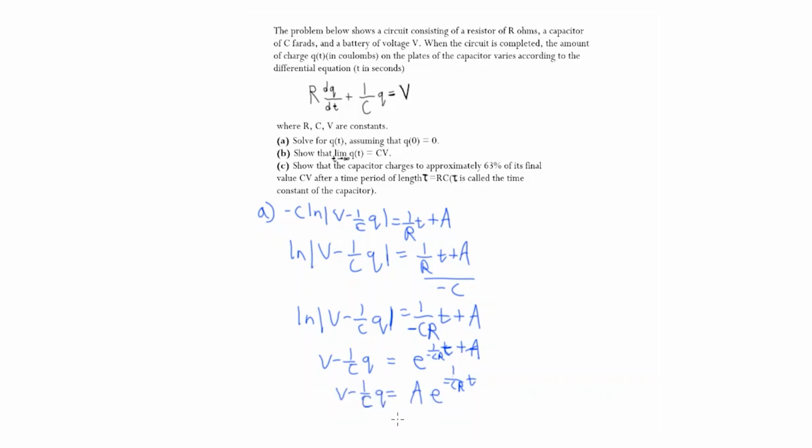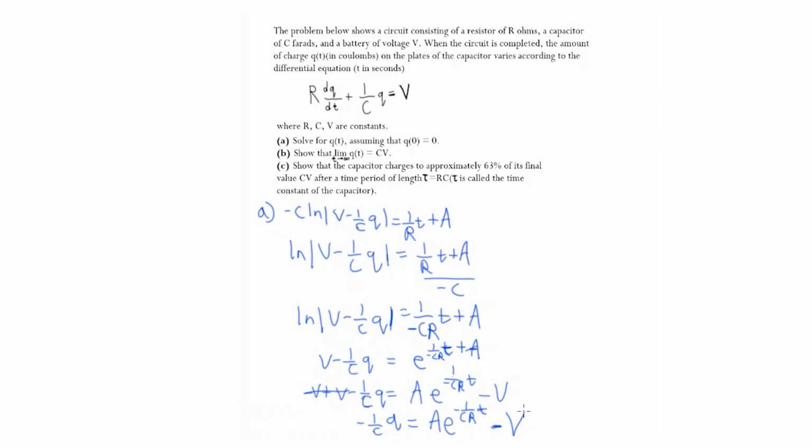Okay. And then from here, we have to just start isolating the t. So we subtract v from both sides. So that cancels out. Negative 1 over c Q is equal to a e to the negative 1 over CRT minus v.